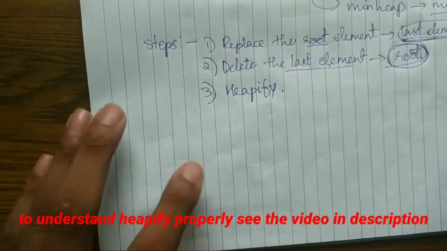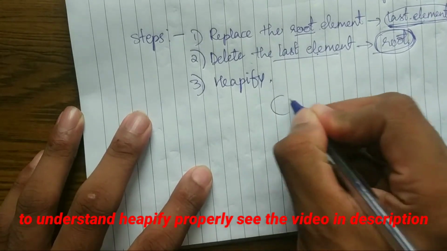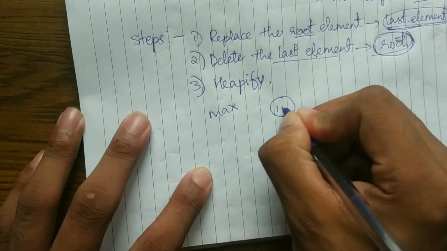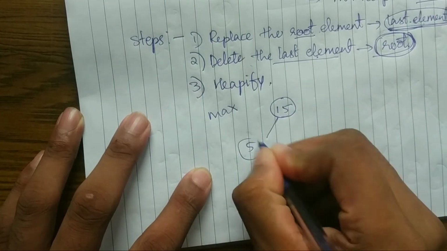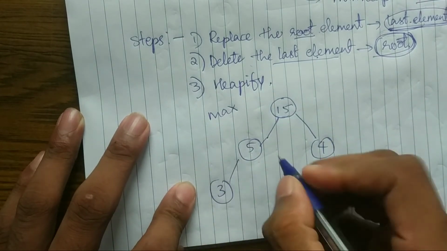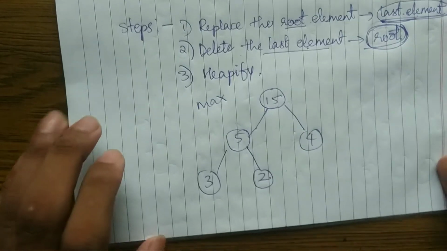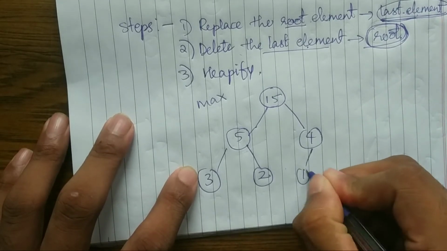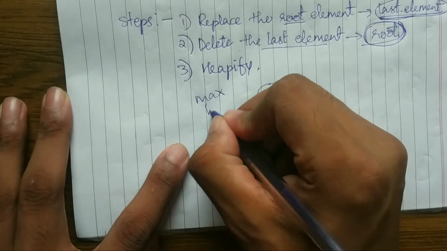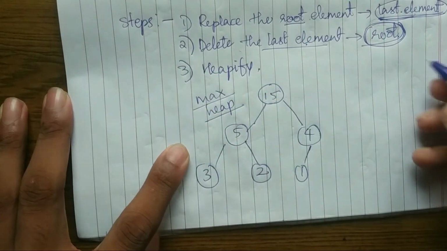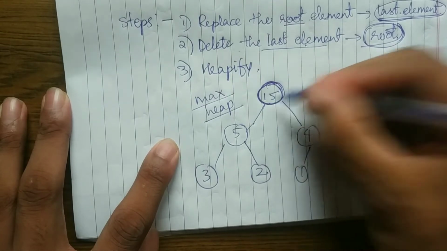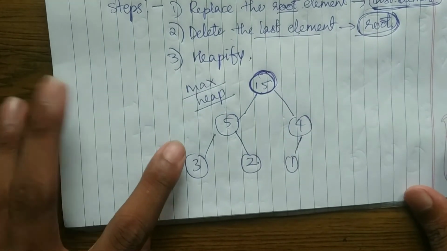Let's take an example. Let's take a max heap. So if this is a max heap and we want to delete the position 15 or the element 15, what will we do?